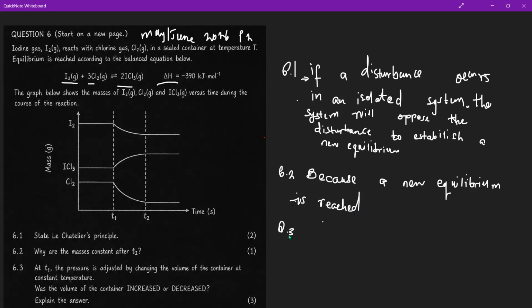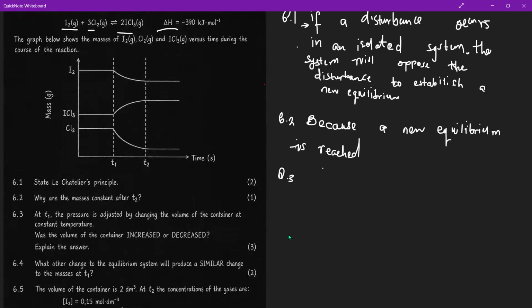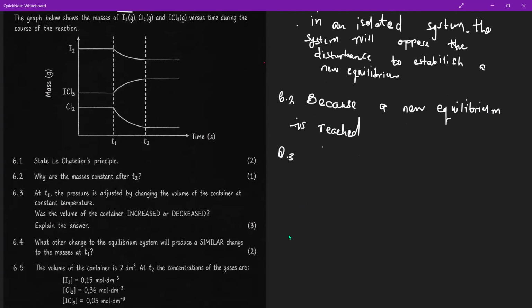So 6.3, at T1, the pressure is adjusted. Right away, I need to check what has been favored. ICl3 is the one that has been favored. It's the one that's showing an increase, while the other ones are showing a decrease. So I need to check those sides.